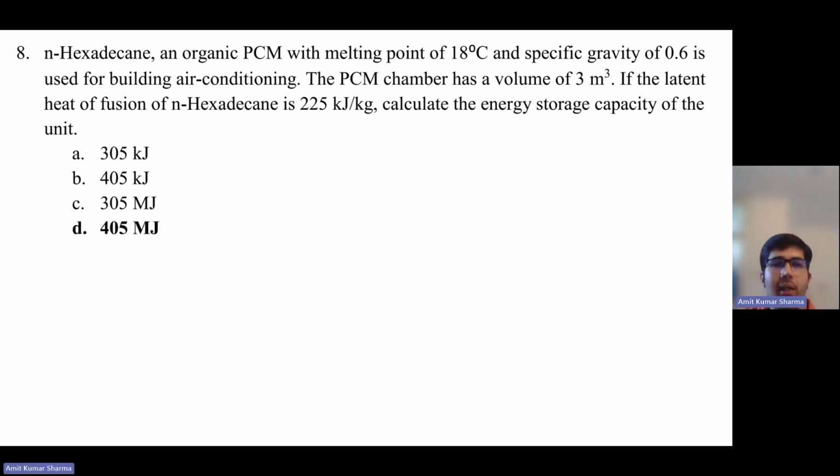So you have been given the melting point of the PCM, that is 18 degrees centigrade, specific gravity 0.6, the PCM chamber volume 3 meter cube, and the latent heat of fusion of n-hexadecane is 225 kilojoule per kg. Now calculate the energy storage capacity of the unit. It's a numerical, quite important for your exam. Take 2-3 minutes and let me know the answer.